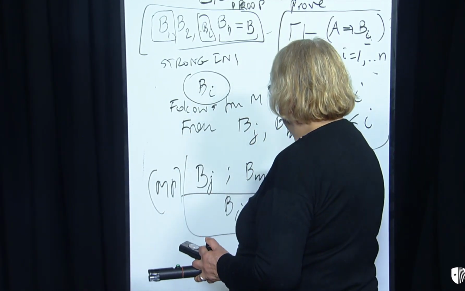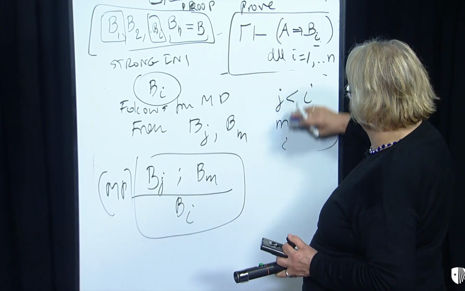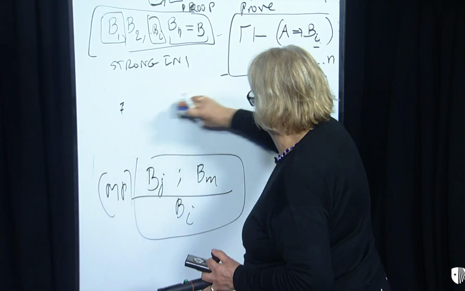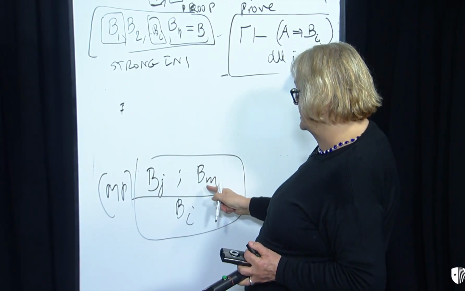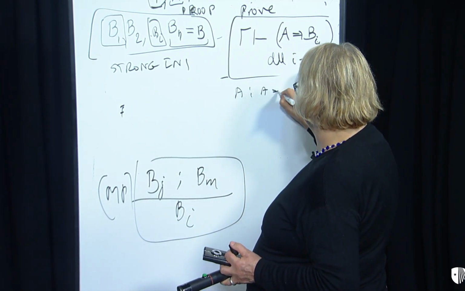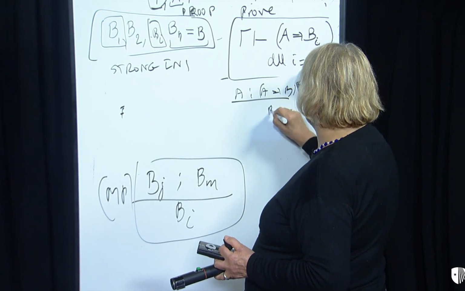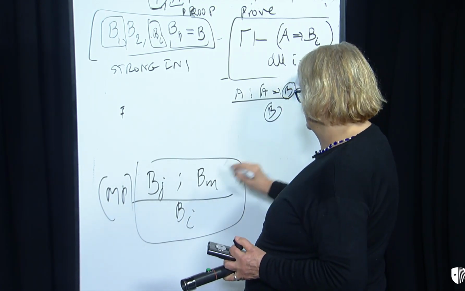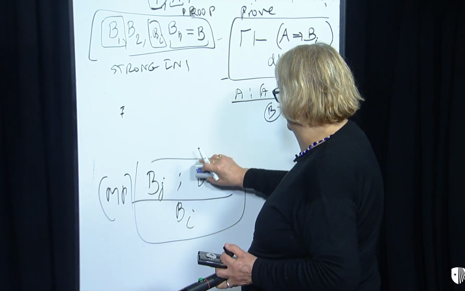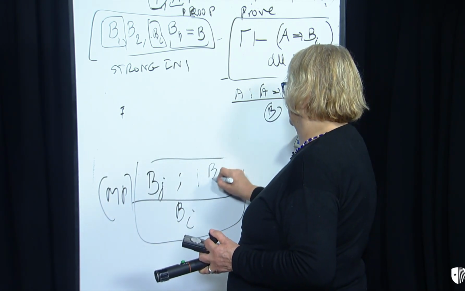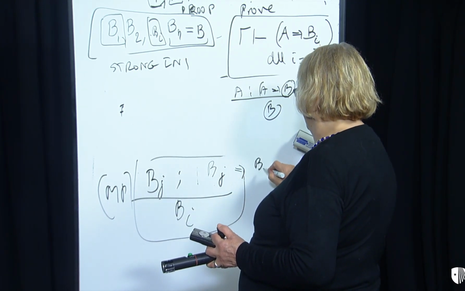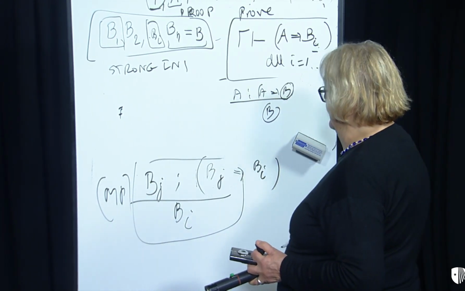But you get it by modus ponens, what does it mean? And here is the key. What does it mean that Bj and Bm give Bi by modus ponens? Modus ponens is from A and A implies B. So Bm must be Bj implies Bi.